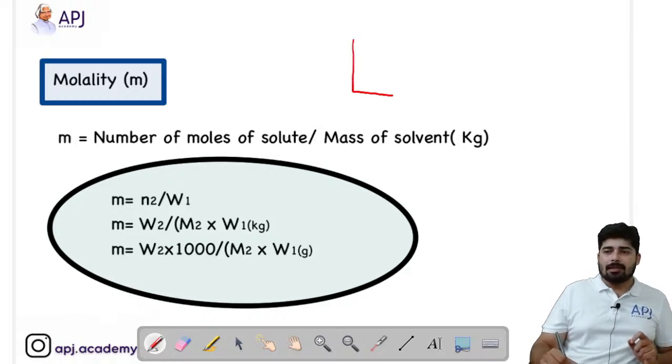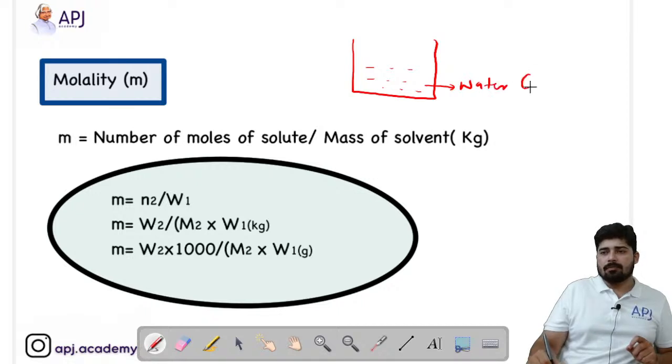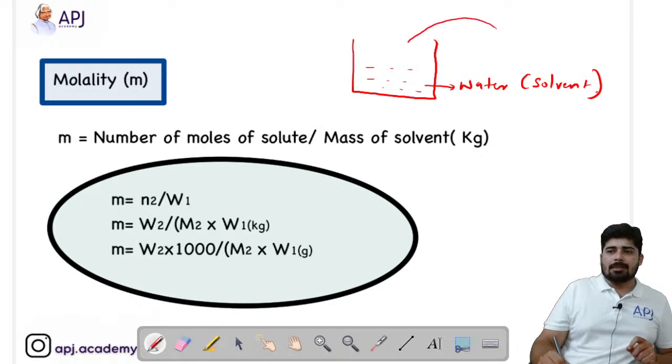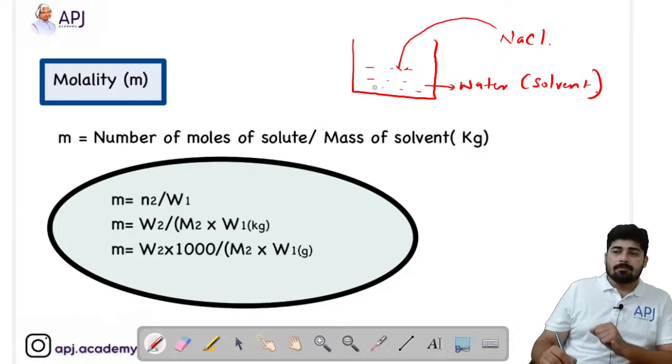So let me consider another solution. Here I have filled it with water. Water is our solvent, and I am adding a certain amount of solute, and let the solute be NaCl, sodium chloride. Okay, now see how we are going to find out the molality.